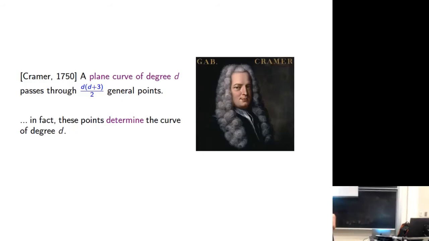I'm allowed to throw out any sort of relationships that you could possibly have between the points that constrain them to lie in some lower dimensional possibility. I'm allowed to throw out anything like that. So I'll say a bit more about where this general comes up, and if I don't answer your question later, then ping me back to it.